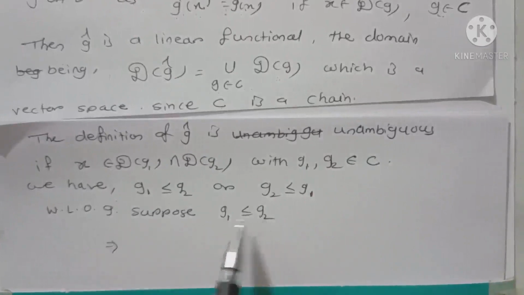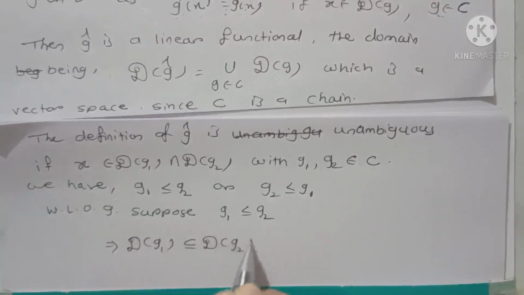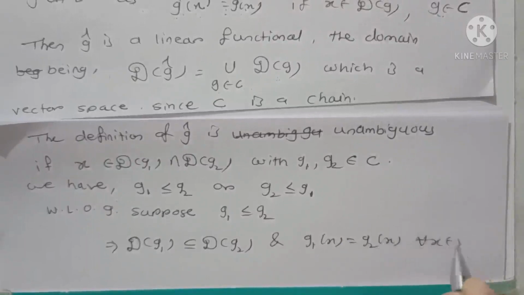And when g2 is a linear extension of g1, this implies that the domain of g1 is contained in the domain of g2, and g1 of x equals g2 of x for all x belongs to the domain of g1.